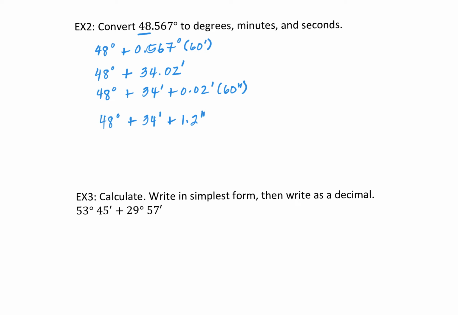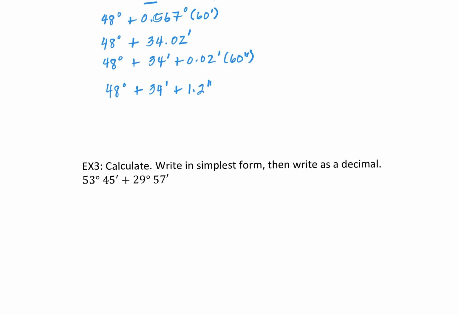And notice that there's a decimal part, this 0.2 on the seconds, but we won't break it down any further. It's sufficient to go minutes and, if necessary, seconds, and that's where you would stop. So we don't really need the pluses in there. We would write it without: 48 degrees, 34 minutes, 1.2 seconds.